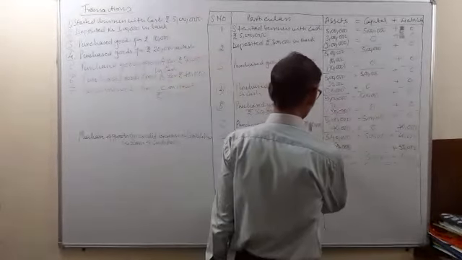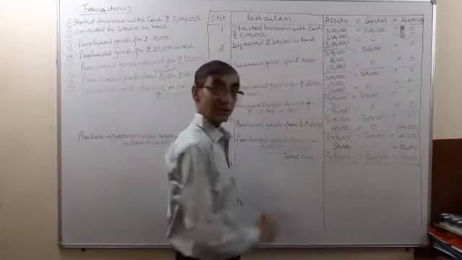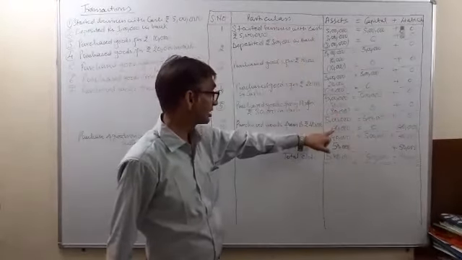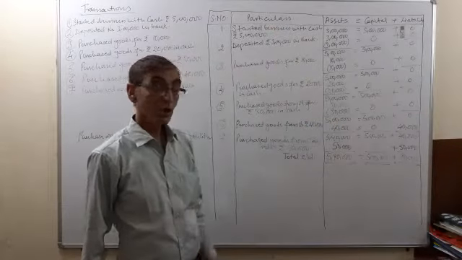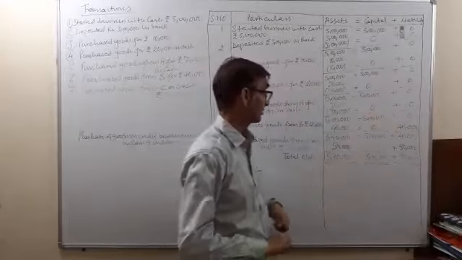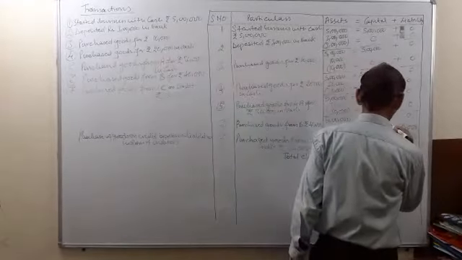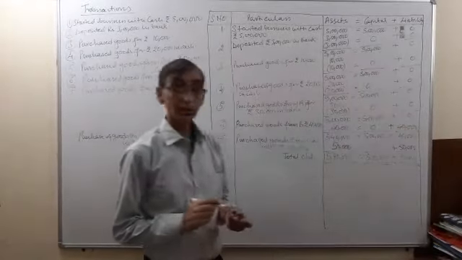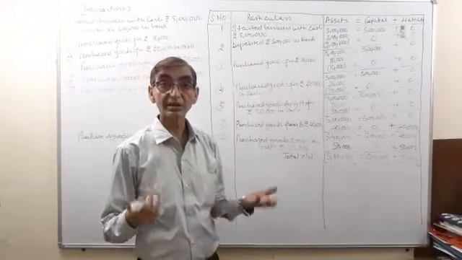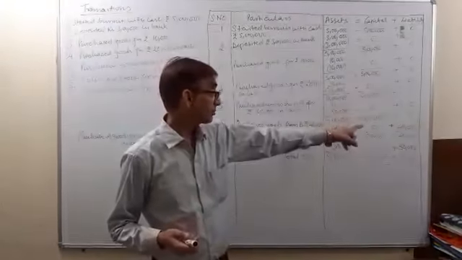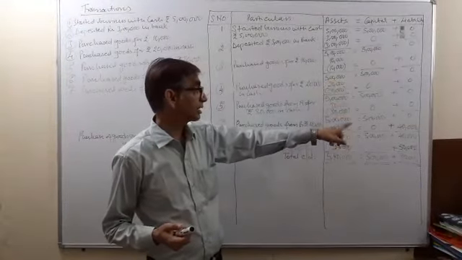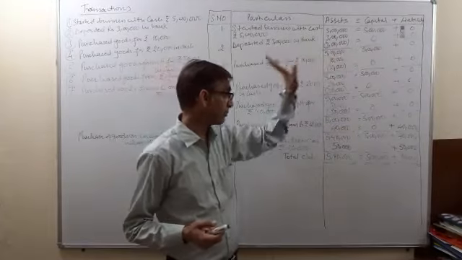So over here, goods are coming in, our stock is going to increase, assets will increase by rupees 40,000. On the other hand, our liabilities are also going to increase by rupees 40,000 because we have purchased the goods on credit. So the person from whom we have purchased the goods on credit becomes a creditor, which is a liability.